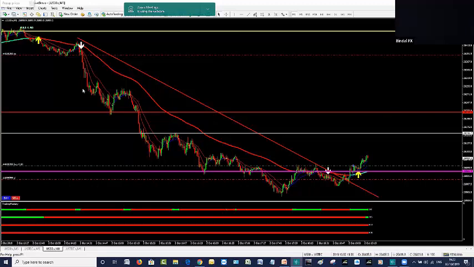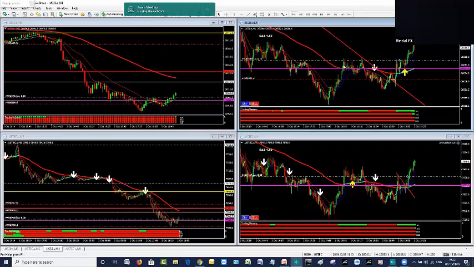So for example, the yellow pivot you see here, let's say first thing in the morning, it would be at a different place. So these are unique proprietary pivot points based on price action.